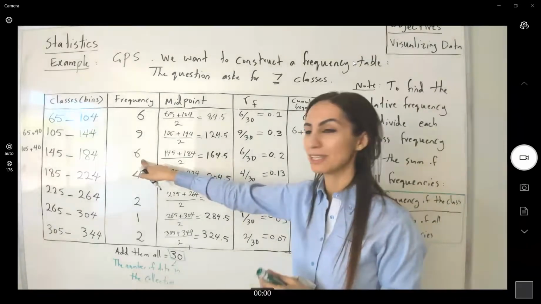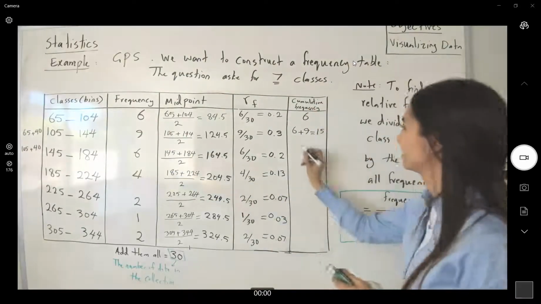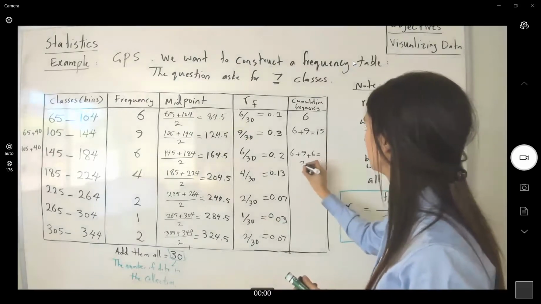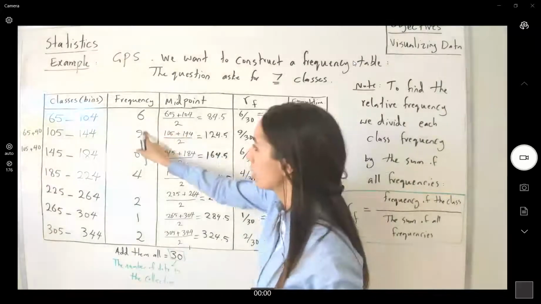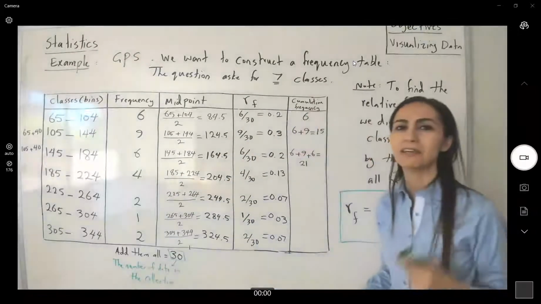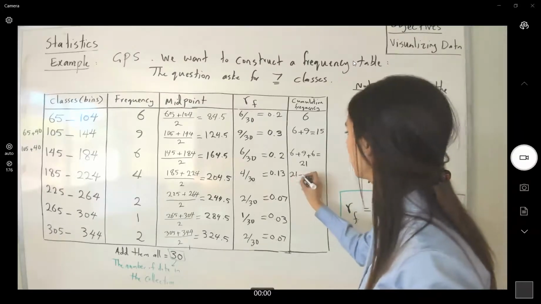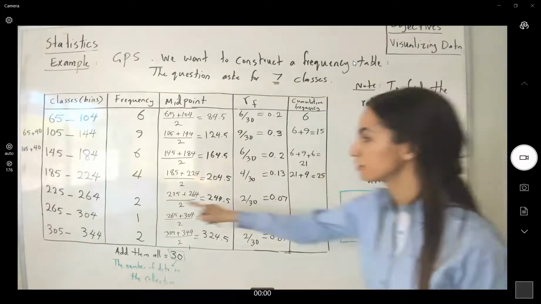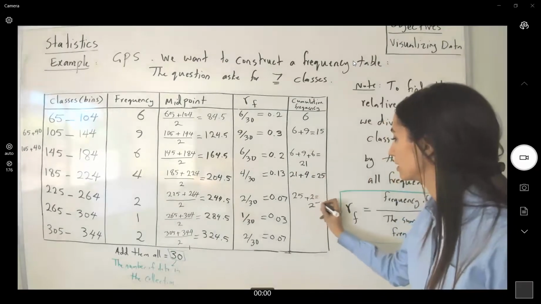The cumulative frequency for the third class is 6 plus 9 plus 6, which is 21. The cumulative frequency for the fourth class is the sum of all of these previous frequencies along with the frequency of the fourth class. So, in simpler form, 21 plus 4, or 25. The cumulative frequency for this class is 25 plus 2, which is 27.